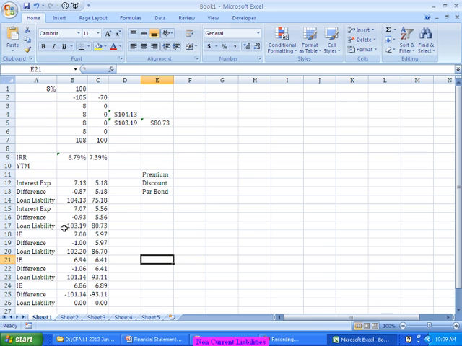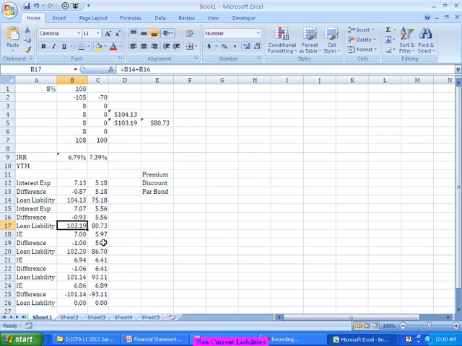If the company wants to close out this bond after 2 years, it actually has to pay 103.19, because the outstanding liability at the end of 2 years is 103.19. The company has to pay 103.19, not 100. Face value 100 is paid only if it is closed on maturity.